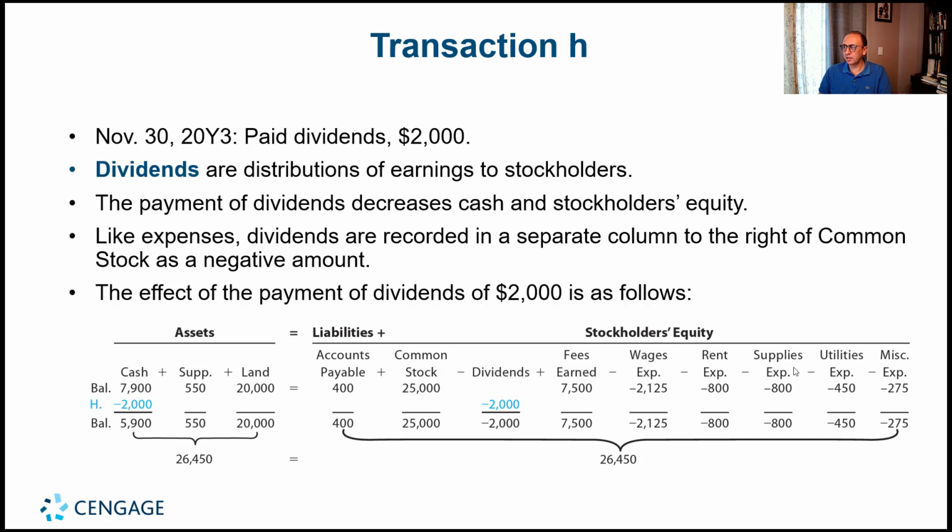So dividends and expenses work similarly because they reduce the stockholders' equity. So in this case, the company paid $2,000 in cash, reduced the cash balance from $7,900 to $5,900 because of the $2,000 distribution of dividends. And dividends is going to be recorded as $2,000, but with a minus because it has a negative impact on equity.